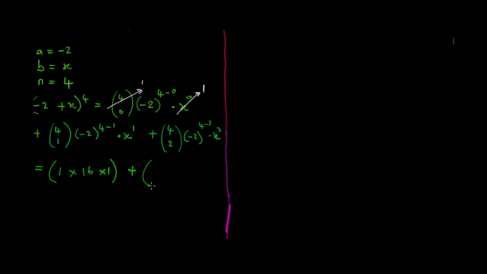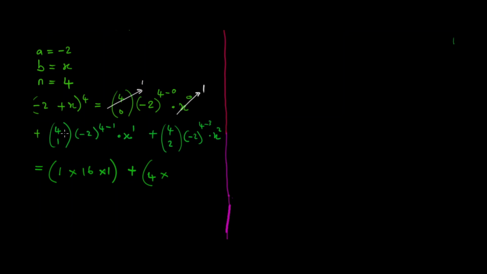Then plus. For our second term, what about 4 choose 1? What do we get out of it? 4 choose 1 is 4. So here we have 4. Then we multiply with 4 minus 3 is 1. Alright, I'm sorry, I made a mistake. This is the second term.